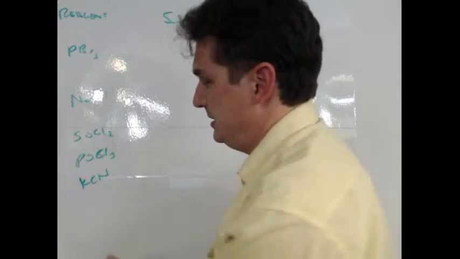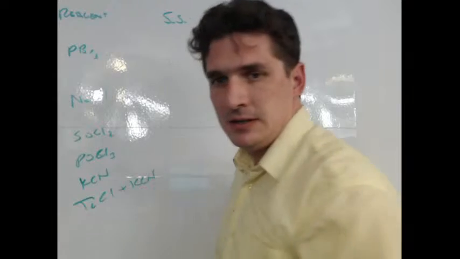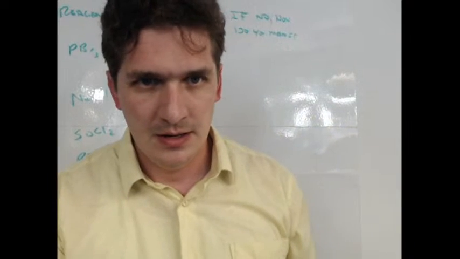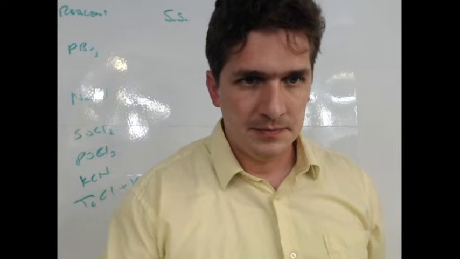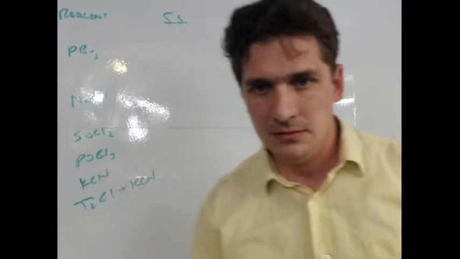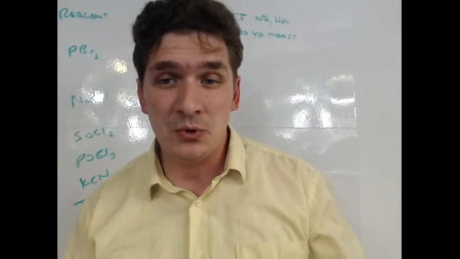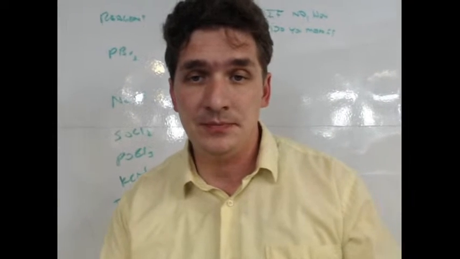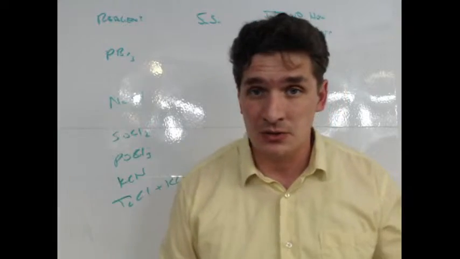And then we have TsCl, tosyl chloride, plus KCN. So, sorry, I'm making sure that the video actually sees all of that. Yep. So in terms of stereospecificity, this is just something that you're going to have to memorize. These are in the notes. I make you memorize them because these are pretty common reagents, at least in organic textbooks and organic courses.